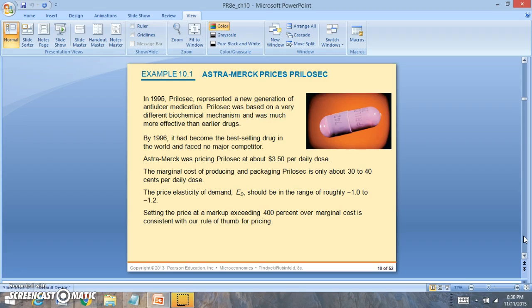The challenge is that they were charging a 400% markup. And given that markup, when you would go to the store and try to buy this on a prescription, it would cost an extreme amount compared to the price for them to actually produce it. That's the monopoly power.